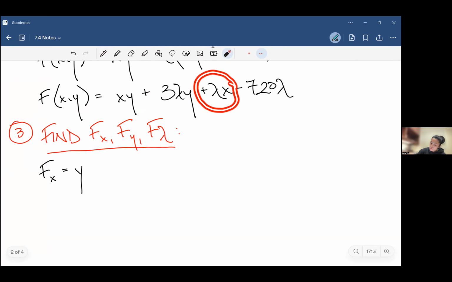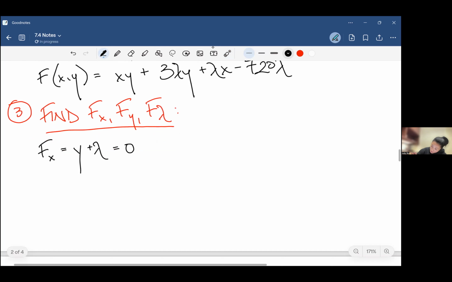The derivative of lambda x is plus lambda, and the derivative of negative 720 lambda is 0. So my first partial, fx, is just y plus lambda equals 0. I'm going to do the same thing. I'm going to find fy and f lambda.